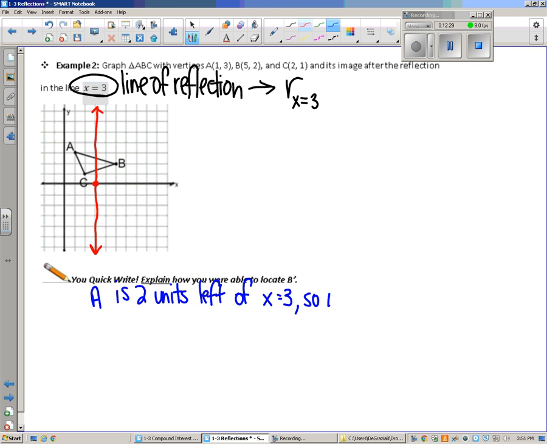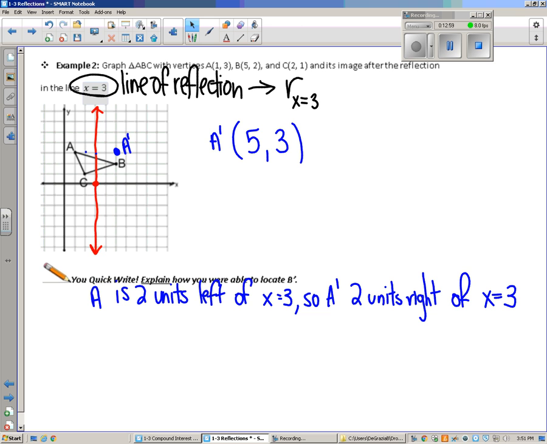So A prime would be 2 units right of x equals 3. So let's go ahead and do that. So 2 units left, 2 units right. A prime lands right here. Plot the point and label it for your answer. That's the point 5, 3.